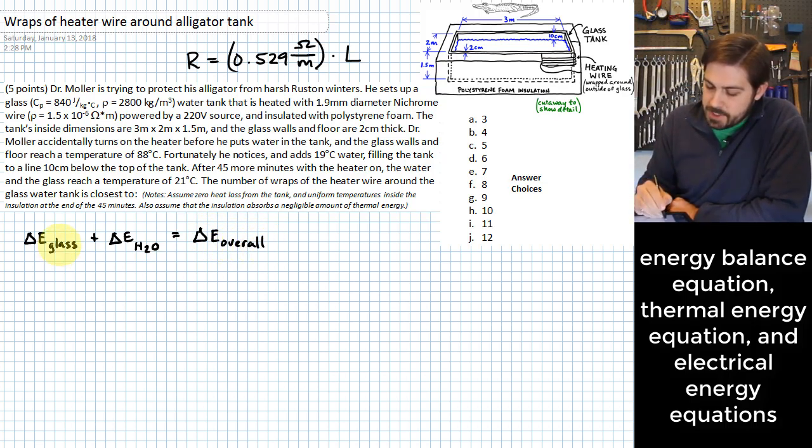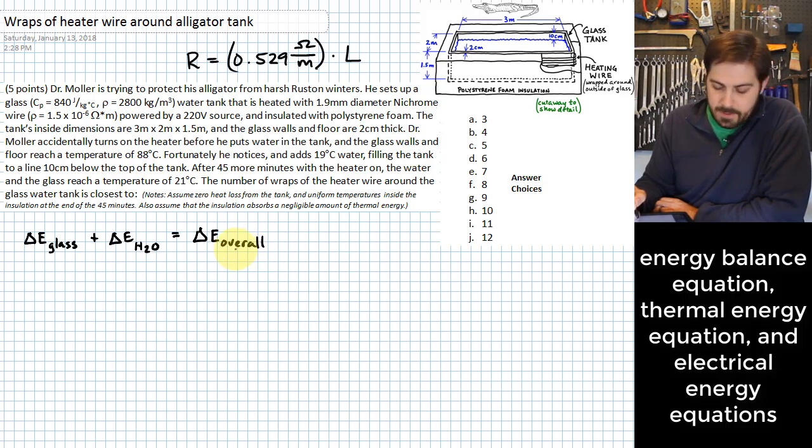The glass is going to decrease in temperature from its initial temperature. The water is going to increase in temperature from its initial temperature, and the overall amount of change that happens will be due to the electrical energy that is introduced.